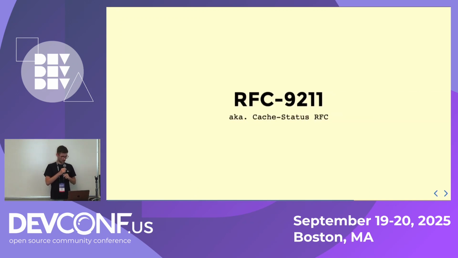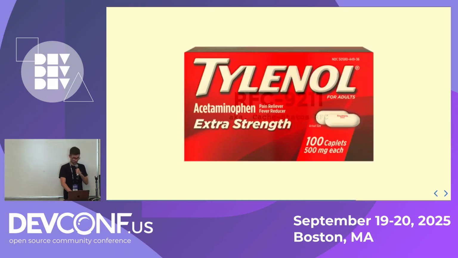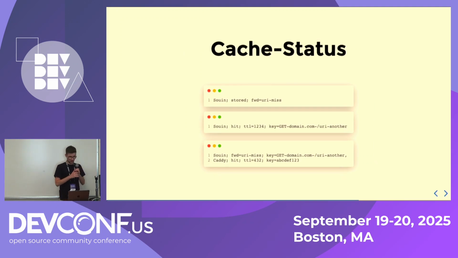So we have this other RFC that is the cache status RFC. So we take another Tylenol. There are 100 pills in a Tylenol box, so maybe that's for that.